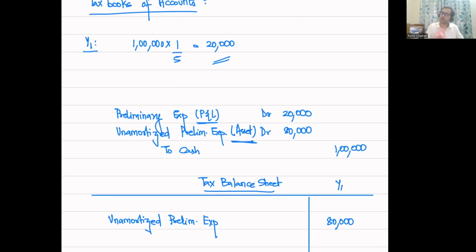As per accounting, you do not have the concept of deferred revenue expenditure. Every revenue expenditure is required to be recognized in P&L whenever you incur it, which is what we did in the accounting books. But in the tax books, we still have the concept of deferred revenue expenditure, where this expense is going to be recognized over a period of 5 years, and therefore whatever is the unamortized portion will continue to stay on the balance sheet.